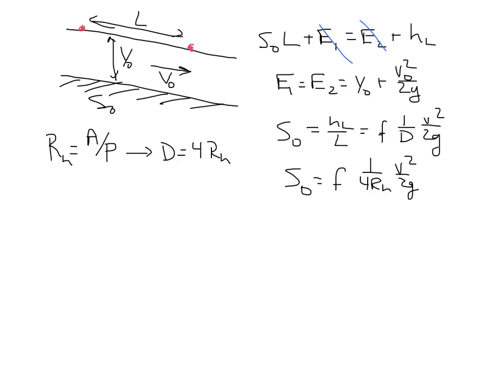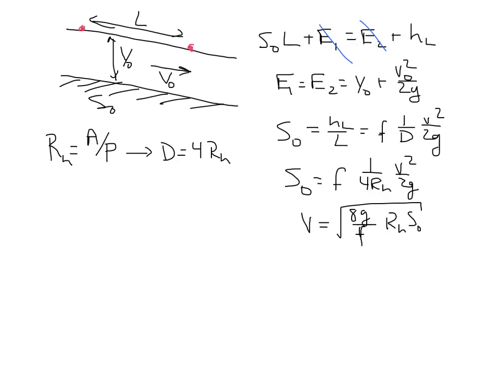And solving this for velocity, we would have that velocity is equal to the square root of 8g over f times R_h times the channel slope.